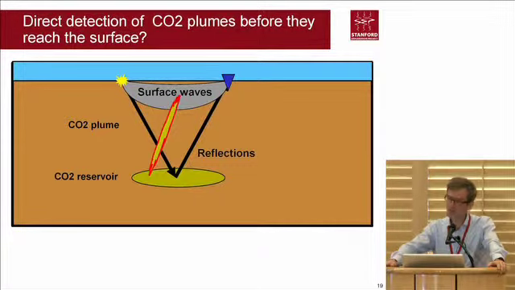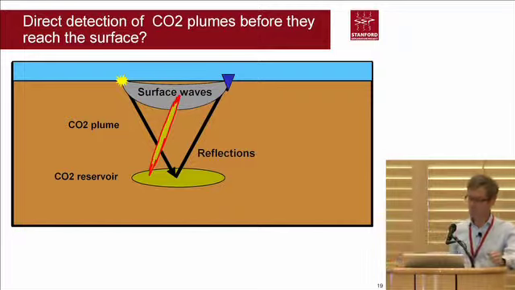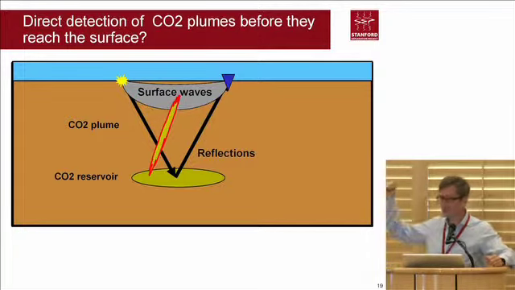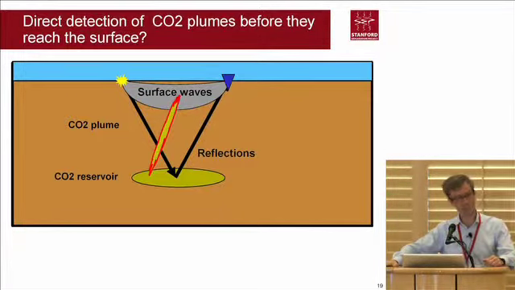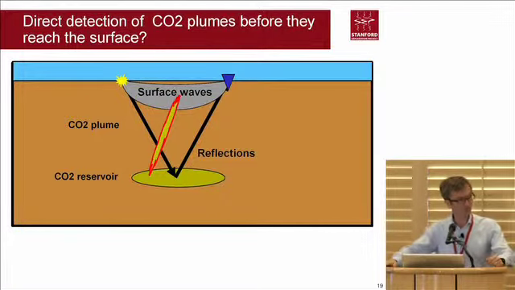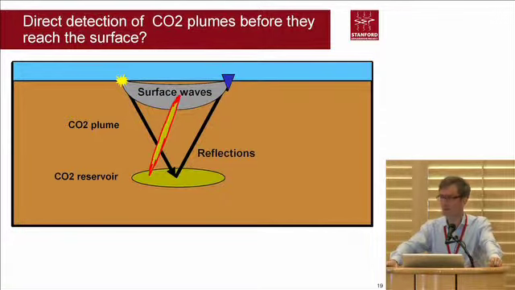Now, if we cannot create sufficiently good reflections by passive data, can we actually use the virtual surface waves to monitor the CO2 in any useful way? A direct way would be if indeed we do have a plume that is coming towards the surface, and we would like to know that it is actually happening before it comes up at the surface.